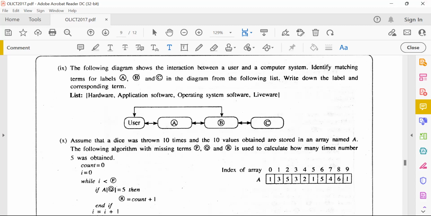So in this one, we are going to look at a user and a computer system. What should come? Can you tell me the answers?